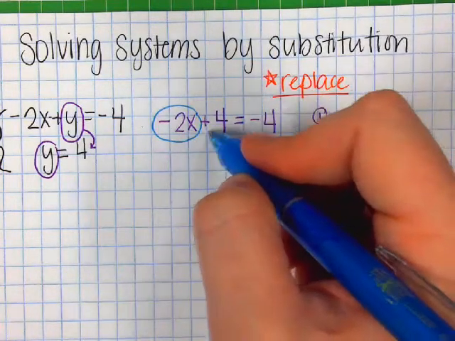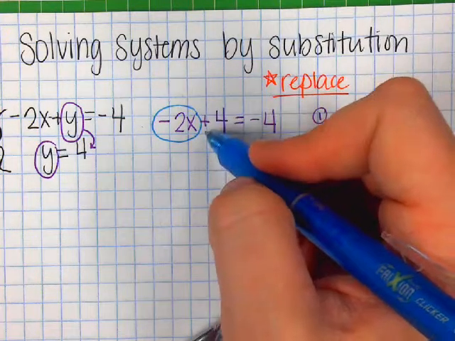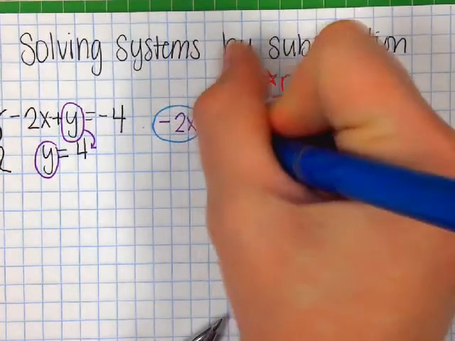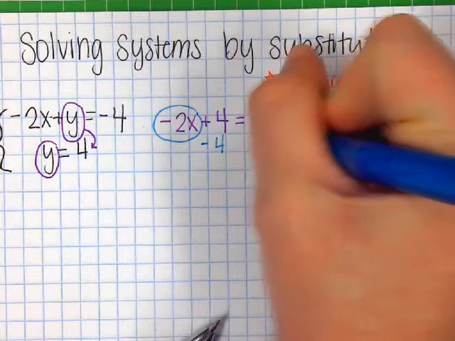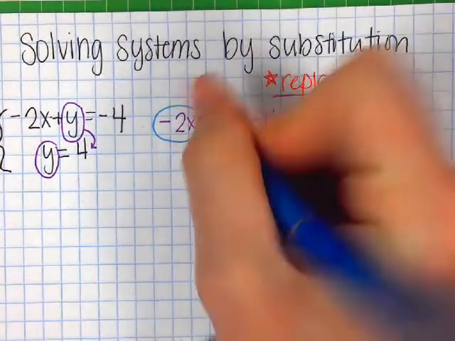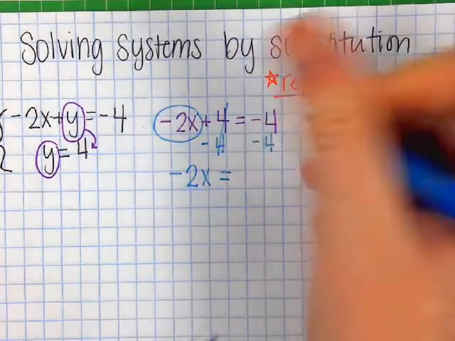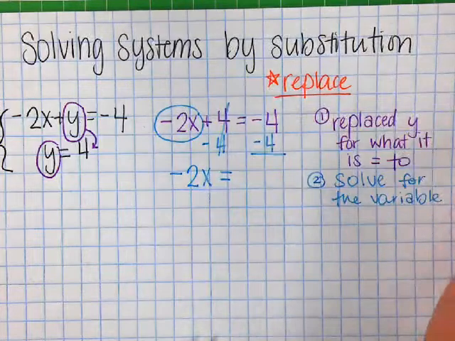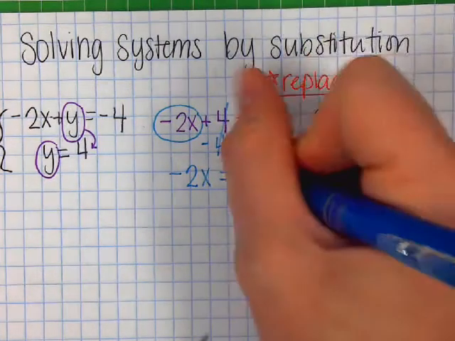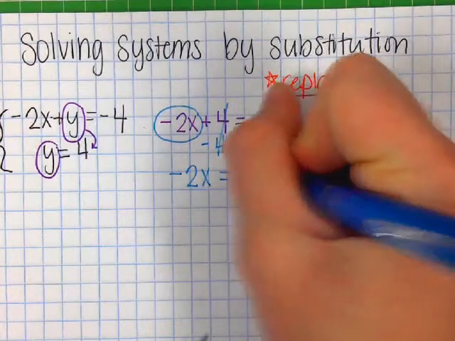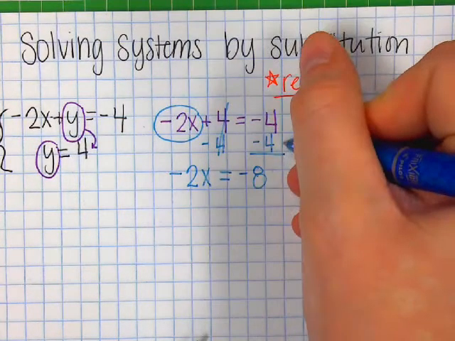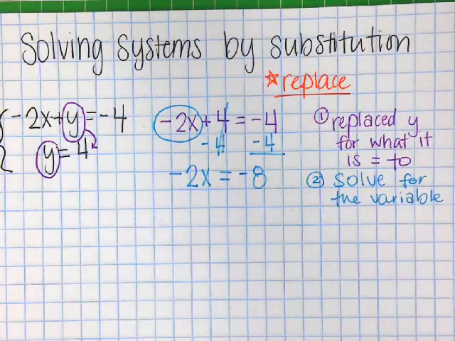So if it's negative 2x plus 4, the opposite or inverse of add 4 is subtract 4 and subtract 4. So then we have negative 2x, bring down your equal sign, negative 4 minus 4. Negative 4 minus 4 is negative 8, because if I owe you $4 and I owe you $4 for something else, then I owe you $8.